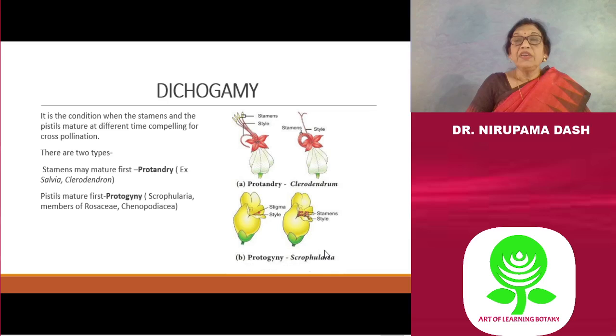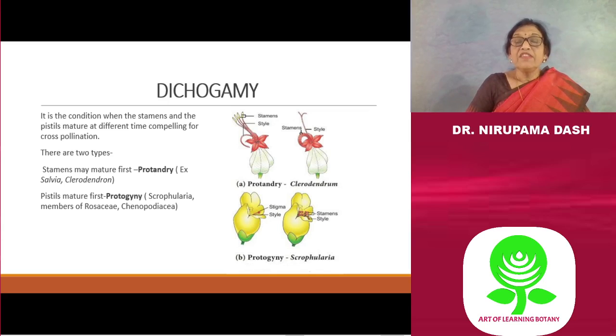In dichogamy, the maturation time differs. Sometimes the anthers mature earlier than the stigma, and this condition is called protandry.